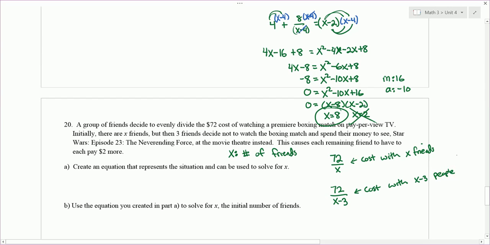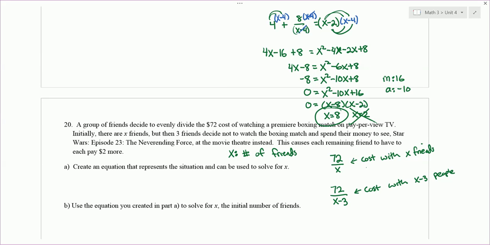So my question to you is, which cost is more? Did it cost more when you had x friends, or does it cost more when you have fewer friends? And hopefully you realize that if there are fewer people splitting up $72, they're going to have to make up for the difference. They're going to have to pay more money.